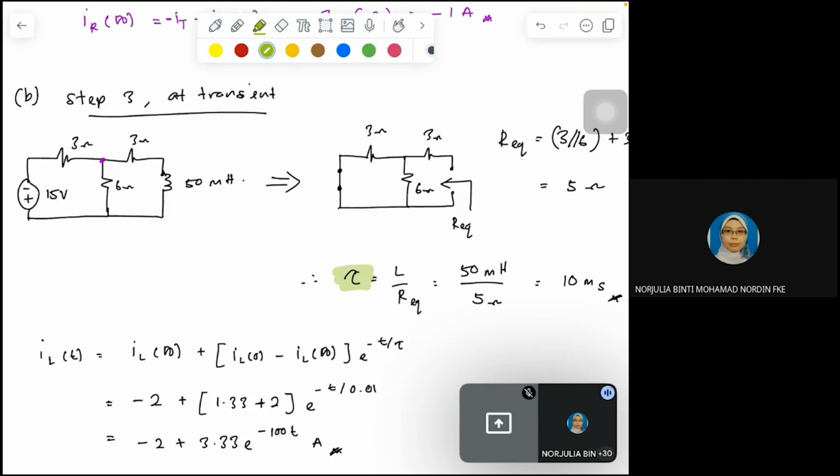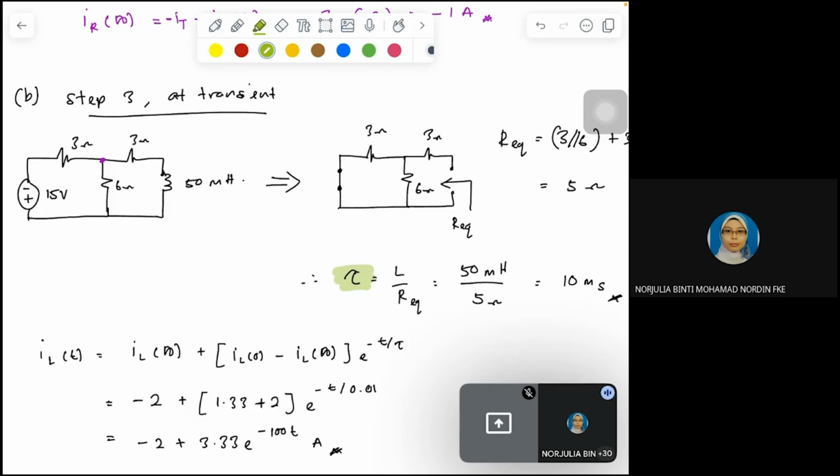At this transient situation, the storage elements will behave like their normal characteristic, where the inductor or the capacitor does exist. It's not being shorted or open because it's at transient. The capacitor or inductor will be shorted or open if the circuit is analyzed under steady state condition.